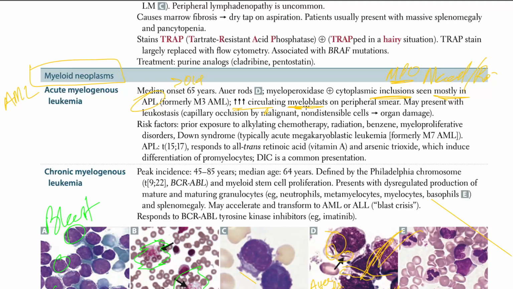When they say myeloblasts, they mean the immature myeloid cells.